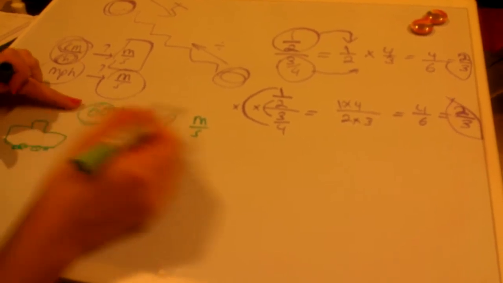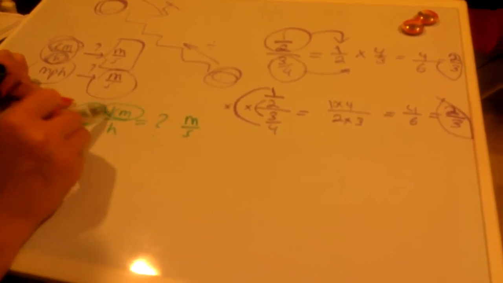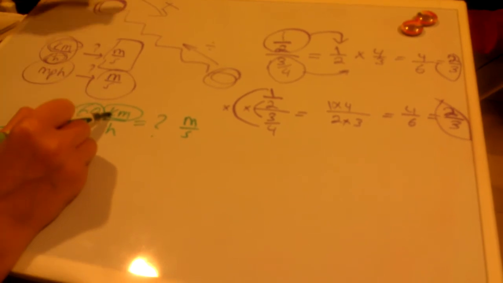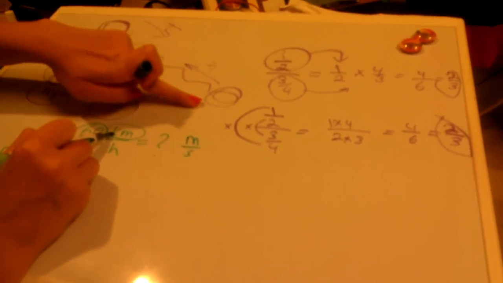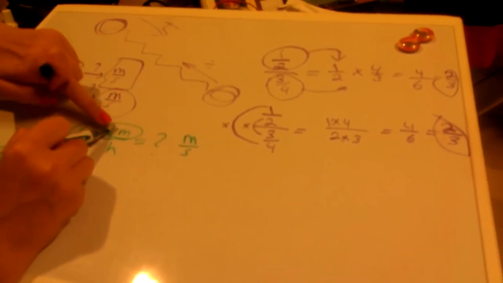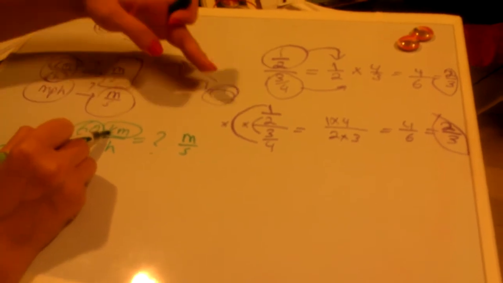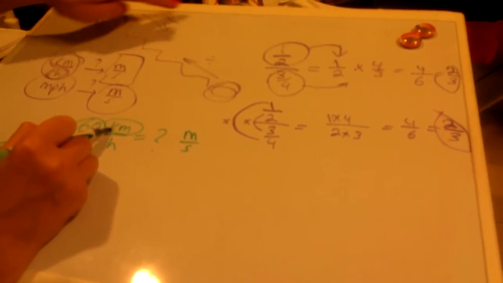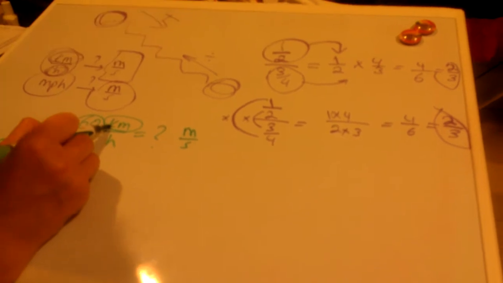In order to do this conversion, we have kilometer in the numerator, so it's up there compared to meters. So in order for me to go from kilometers to meters, now I need to multiply.